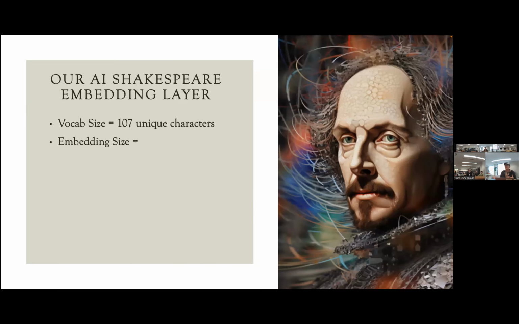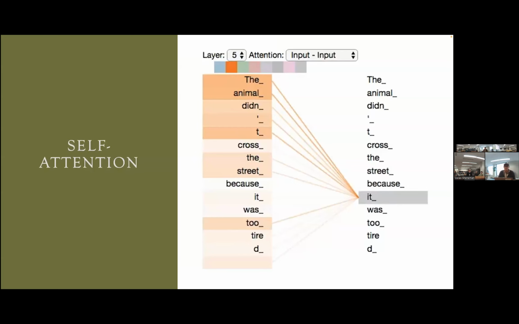I didn't finish this slide, but the vocabulary size was 107 unique characters, and the embedding size, I think I used 128. Pretty small compared to what we used in OpenAI.